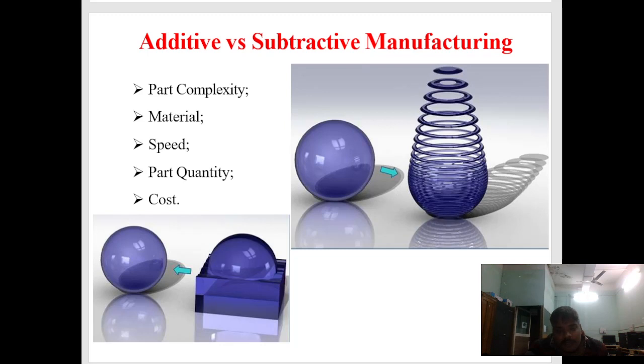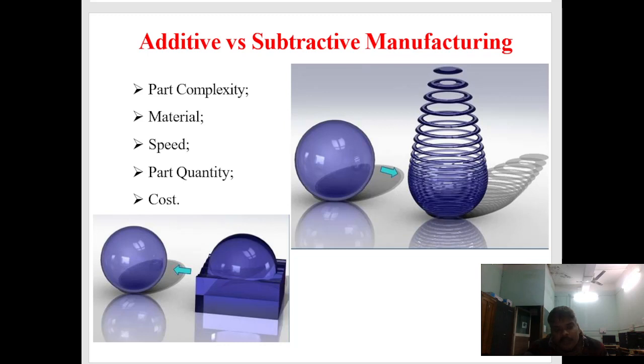But in additive manufacturing, we just print the material like on a 3D printing machine. So we print the material in the desired form. You don't need to cut the pieces. First you make it by using a casting process, then after that you do the machining and cut different parts and the dimensions, whatever slot is required.